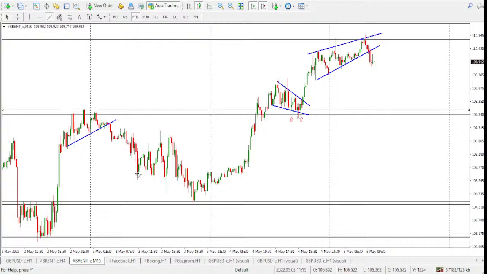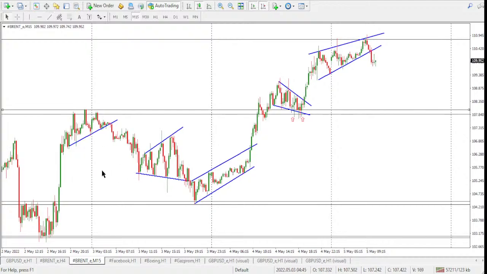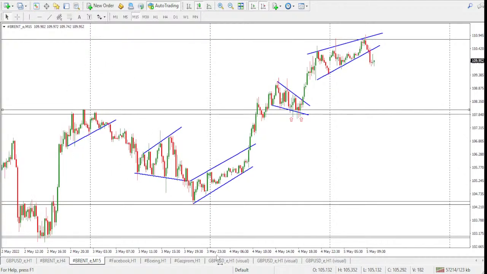Then we have this one. And then we have another one. We have that one. So these are the few levels, these are the few shapes we are looking at.